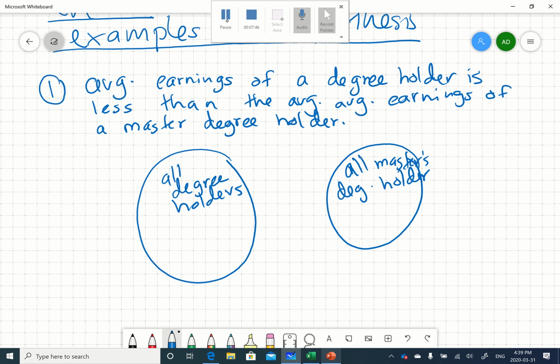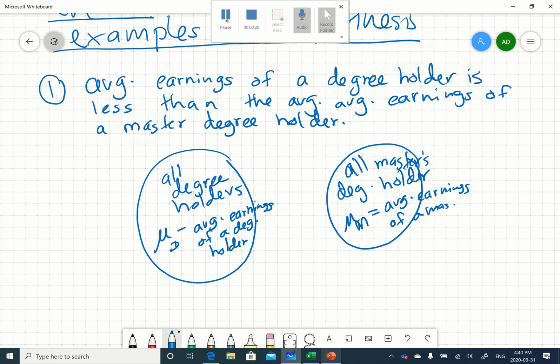If I take mu D to be the average earnings of a degree holder for the population, we don't know what that value is. And for the entire population of master's degree holders, let's take mu M, the average earnings of a master's degree holder.